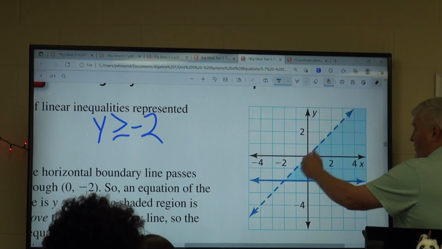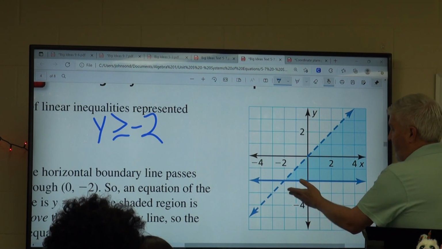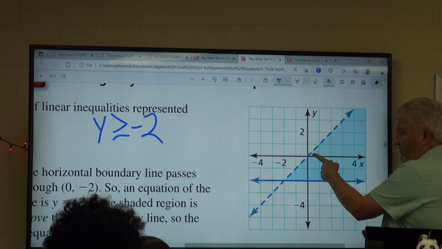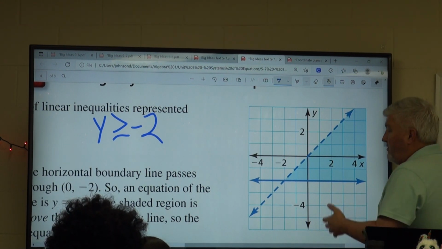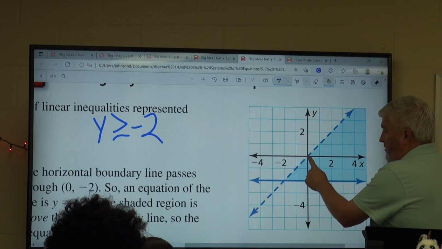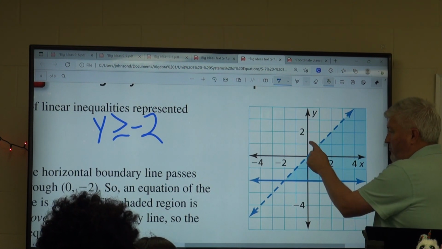Now I look at the dashed line, so it's either going to be greater than or less than, no equal sign. And I note here it crosses right at the origin, so there's no y-intercept. Then the other thing you need to note is your slope. Where it crosses here, the next intersection is up 1 over 1.